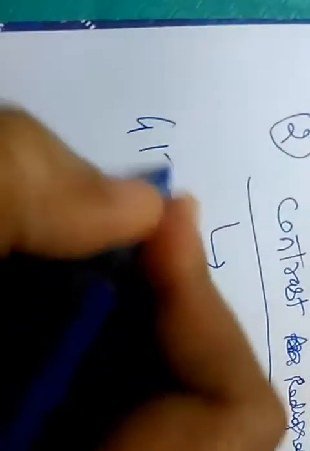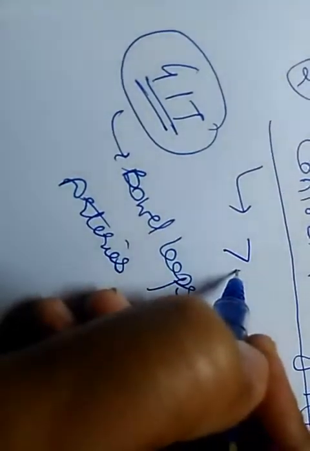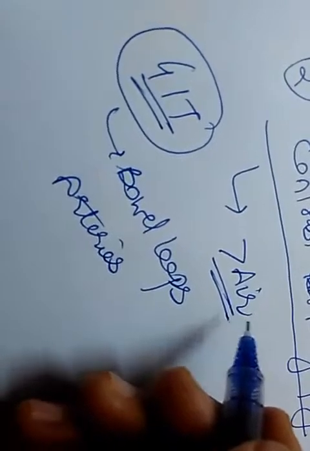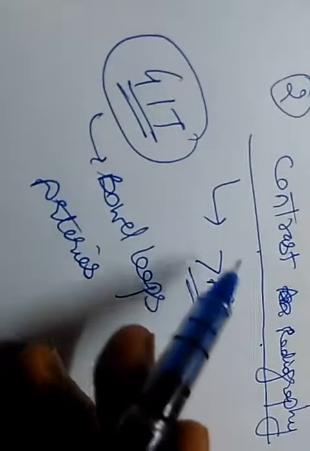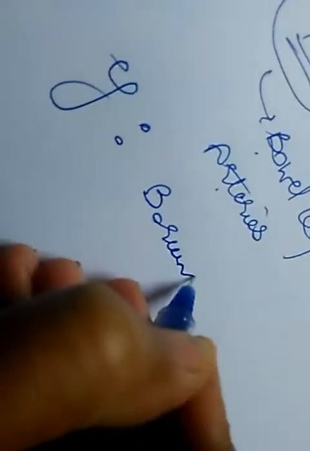This is mainly used for our GIT, especially the bowel loops and arteries. The substance should attenuate more than air so that we can see it clearly. So we have to fill the bowel loops and arteries with some contrast agents. For example, we use barium sulfate.